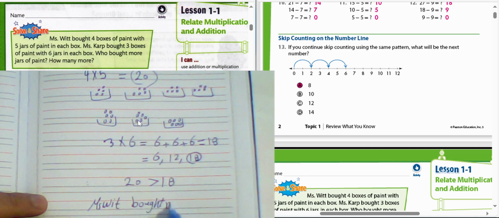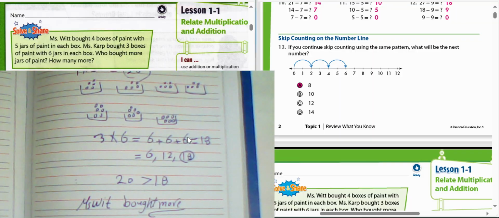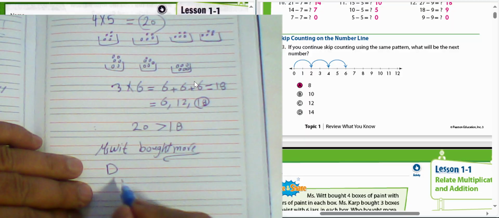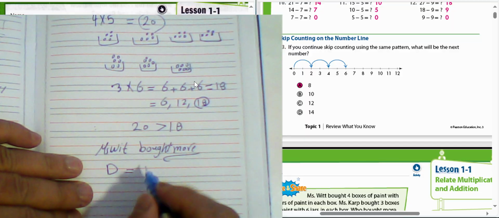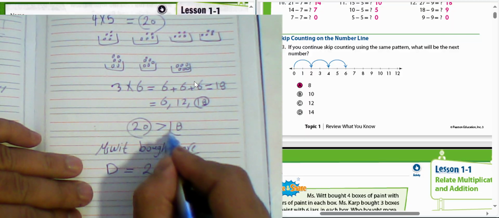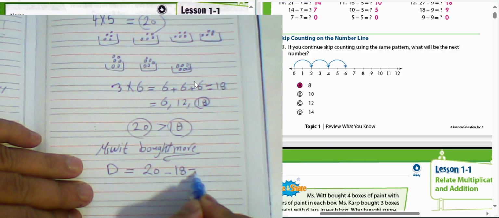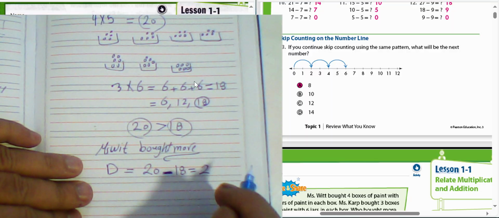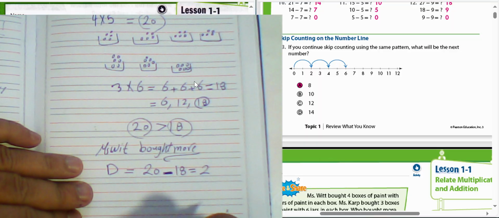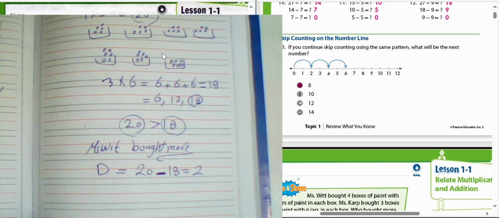Miss Wheat put more, okay? And we can find the difference between two numbers: 20 subtract 18. The difference between them equals 2. 20 minus 18 equals 2. Then the difference is 2 jars.